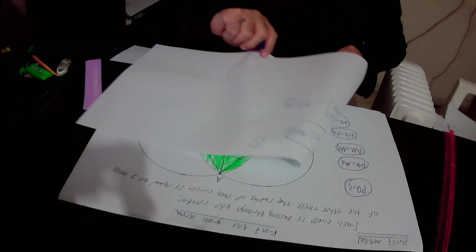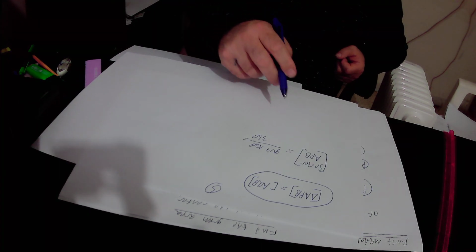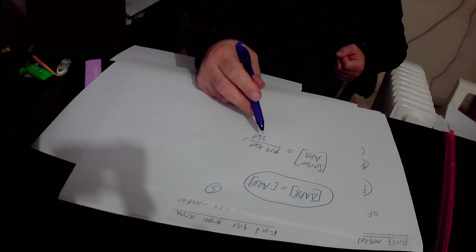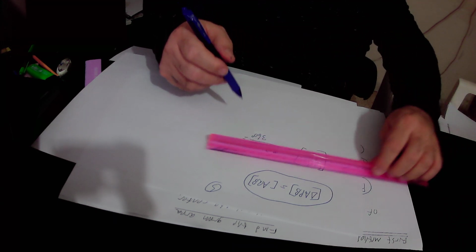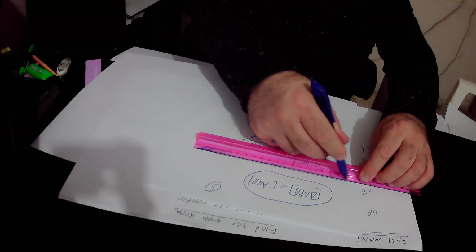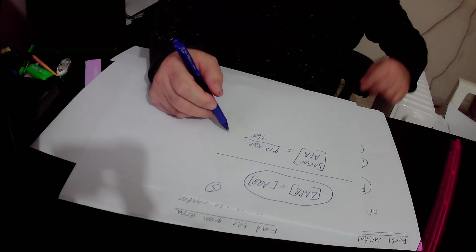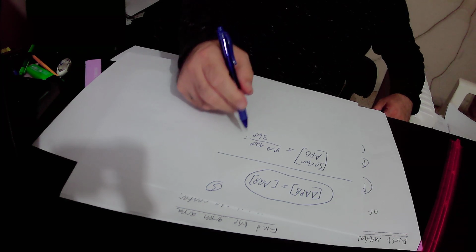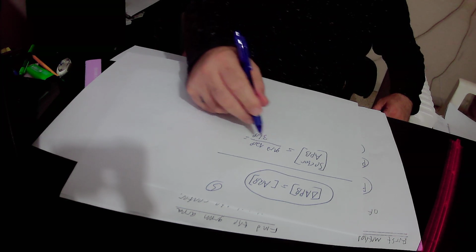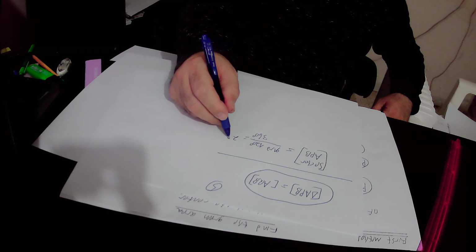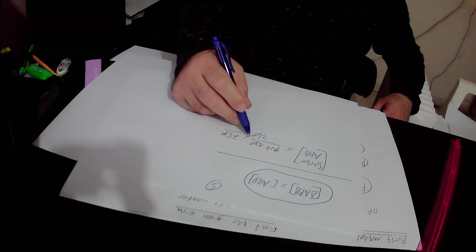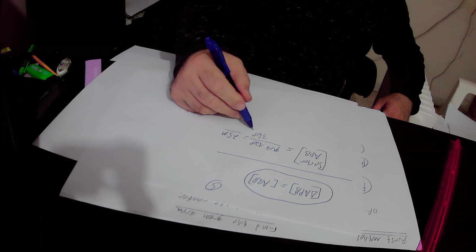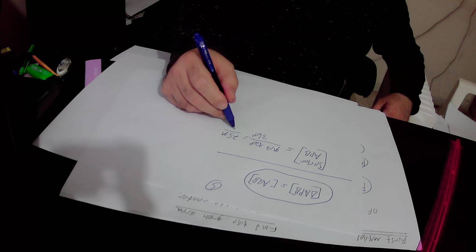So, again, the area of sector APB is equal to pi r squared times 120 degrees over 360 degrees. And here r equals 5, so r squared is 5 squared. 5 squared is 25, so we have in the numerator 25 pi. 120 degrees over 360 degrees is 1 over 3.